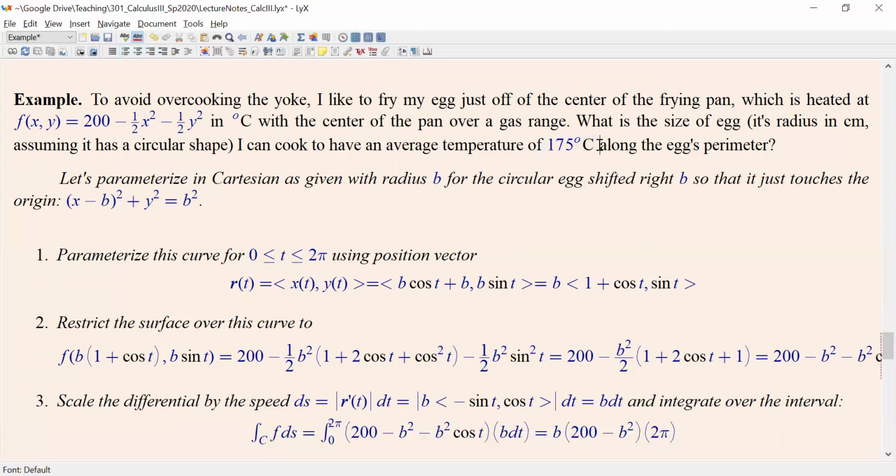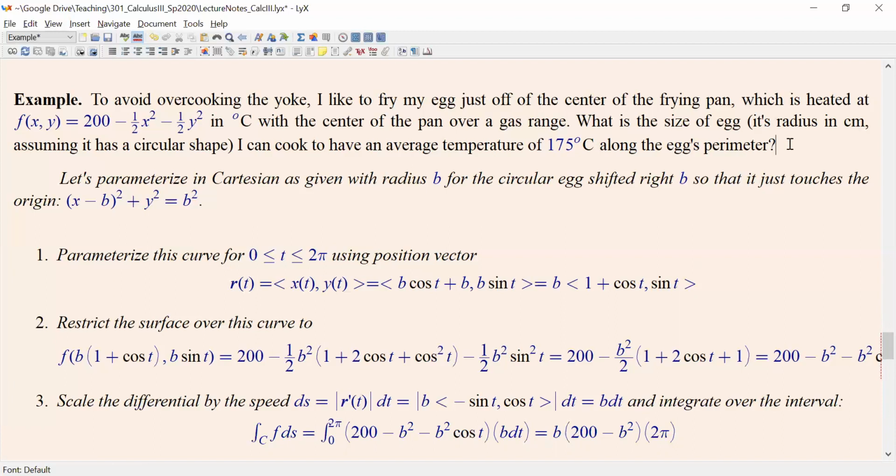So just for reference, 175, I think, is around 350 degrees Fahrenheit, and 200 is around 400 degrees Fahrenheit, so pretty hot. This is pan frying temperatures. So we want to measure the temperature along the egg shape, basically a circle.